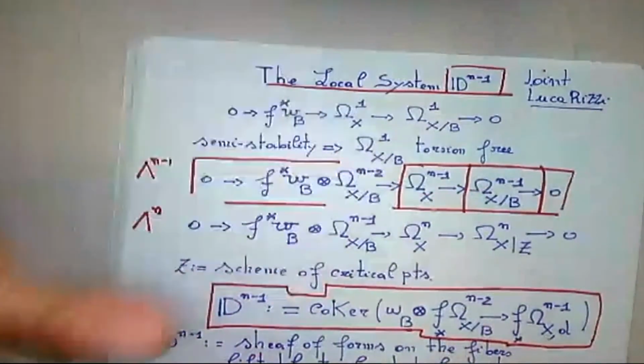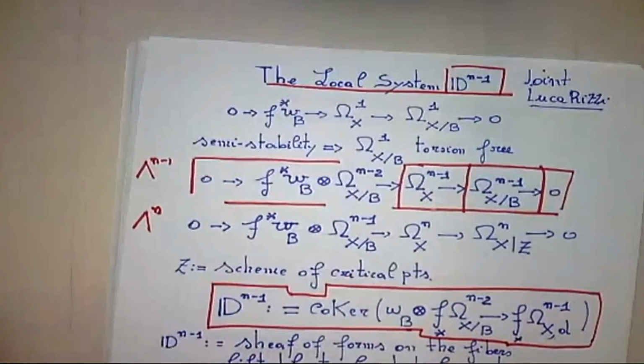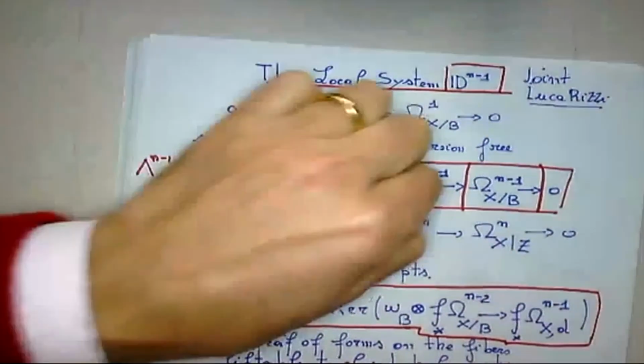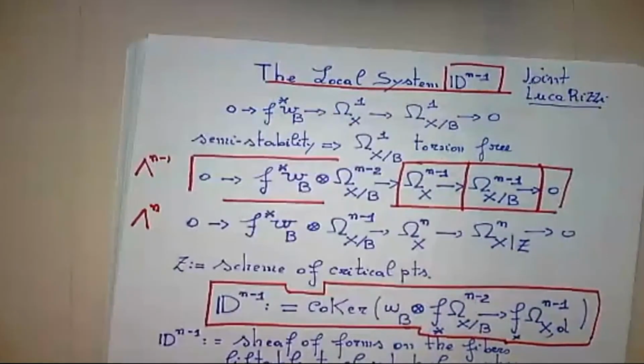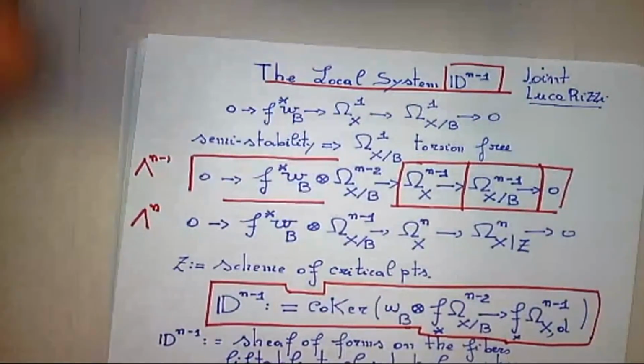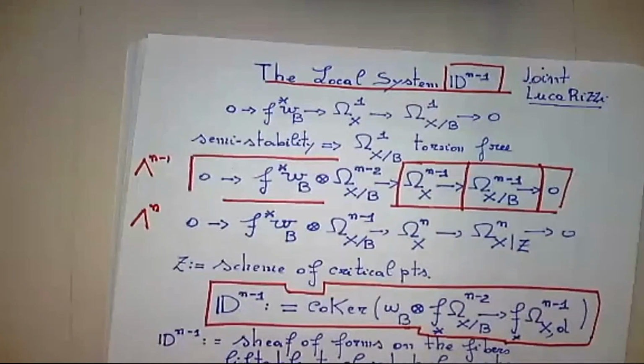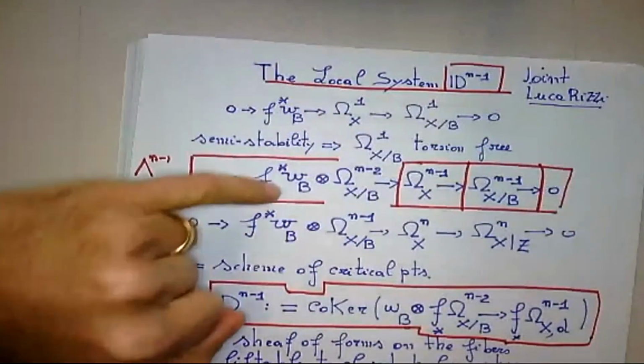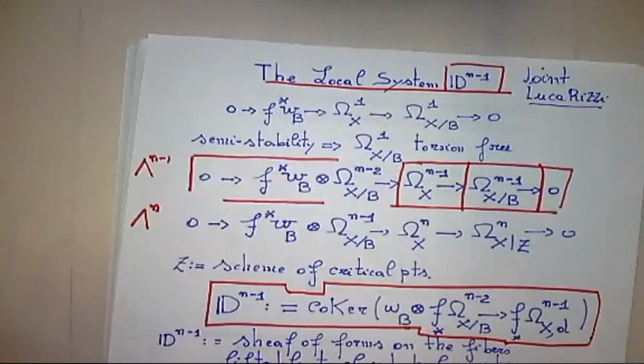But now, by definition, instead of this sequence, you take their resolution via the de Rham complex. I didn't want to write all this huge diagram that goes on, which is a resolution by the operator D, how do you call it, the exterior differential.